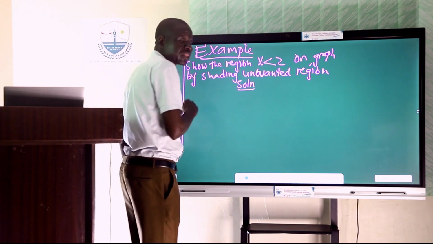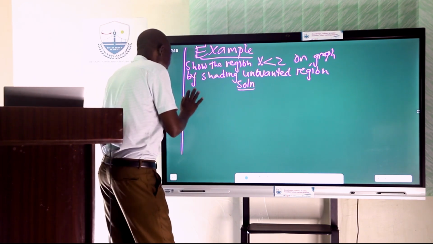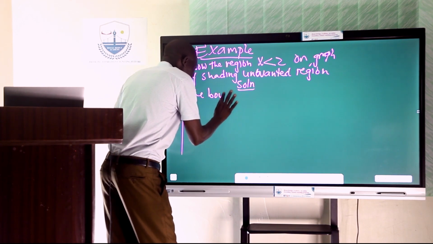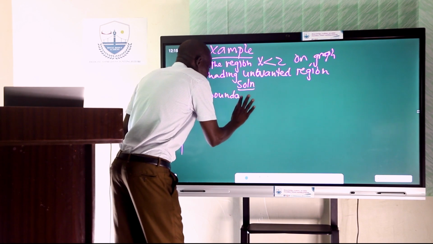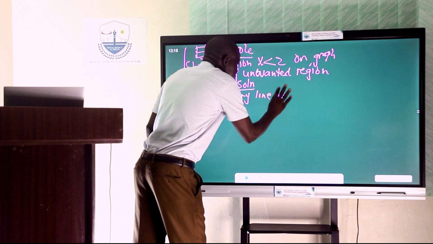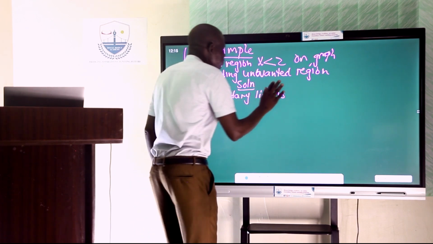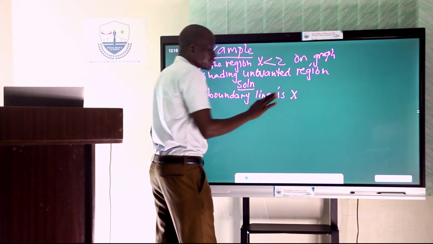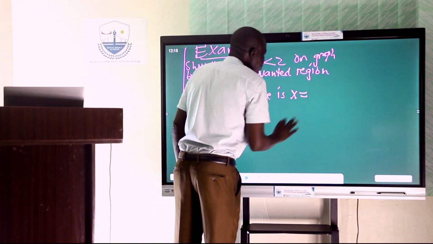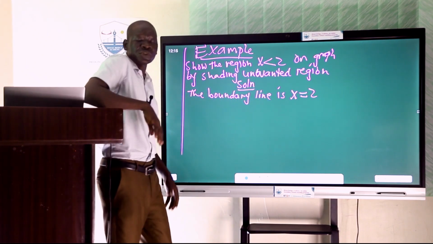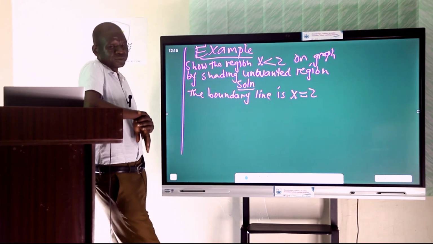We call that the boundary line. So the boundary line is x equals 2.